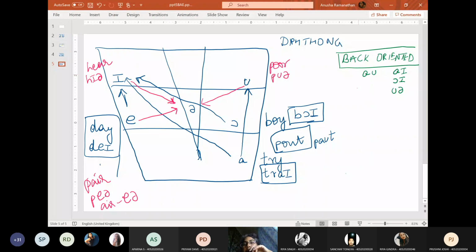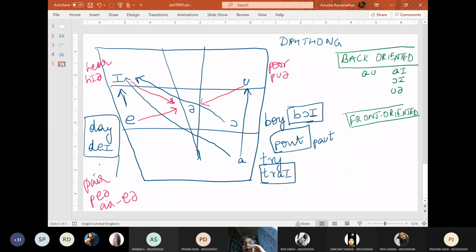What about others which are front oriented? Can you give me the ones which are front oriented? Class? EI. Yes. So front oriented is E, not E. And then another is E. Anything else? Currently not, right? Isn't there another one?